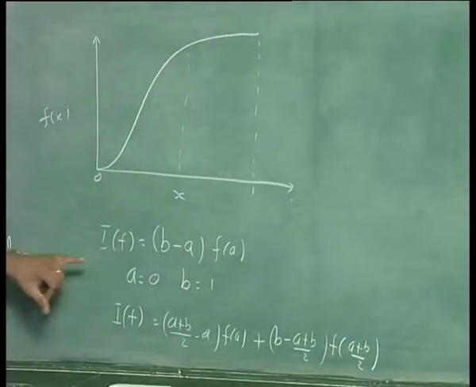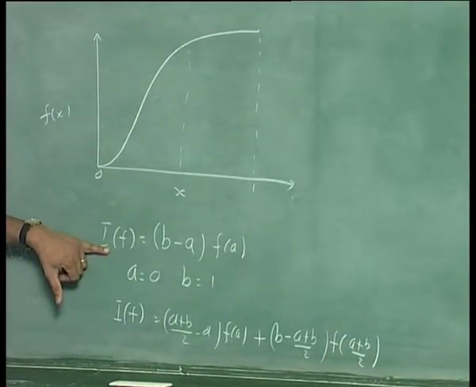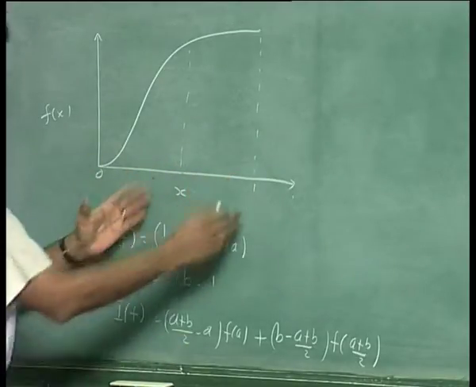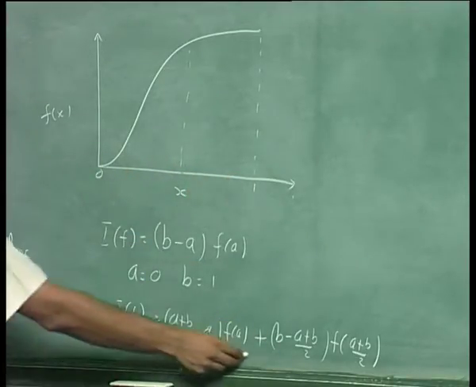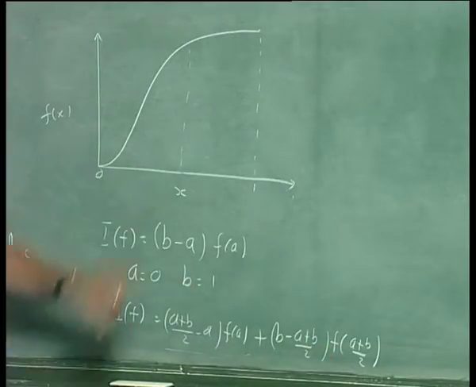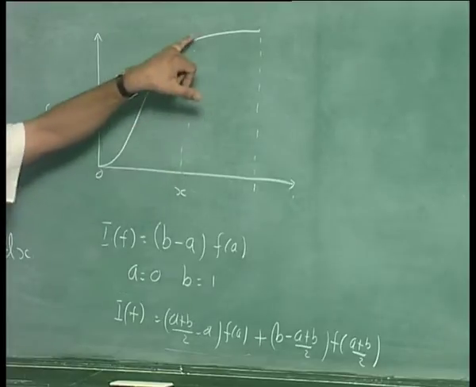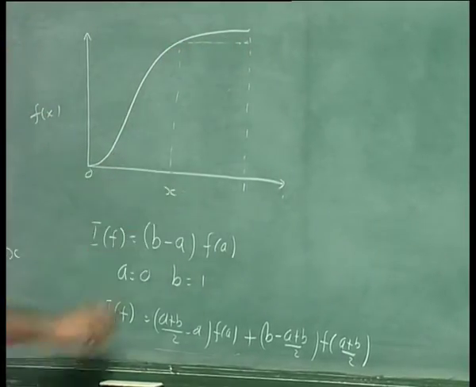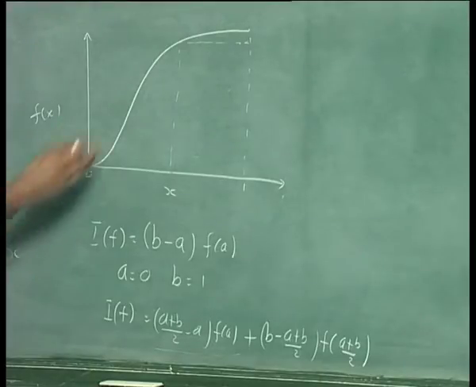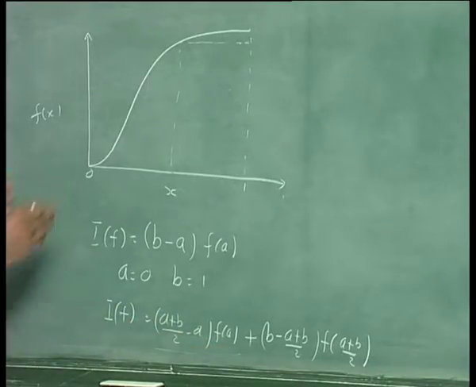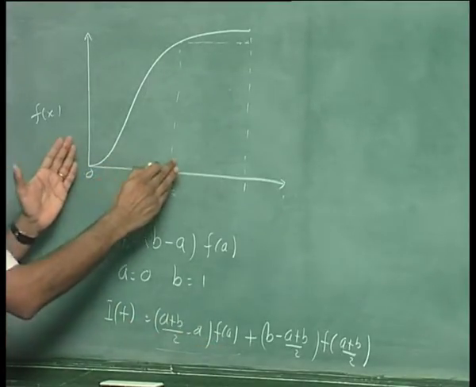So this rectangular rule, I split it into two intervals. Now this part will be 0 because f of a is 0, but this part would be non-zero, which will be the area of this rectangle. So again there is error, because obviously this whole area is left out, but we can improve the accuracy by splitting this into more and more intervals.